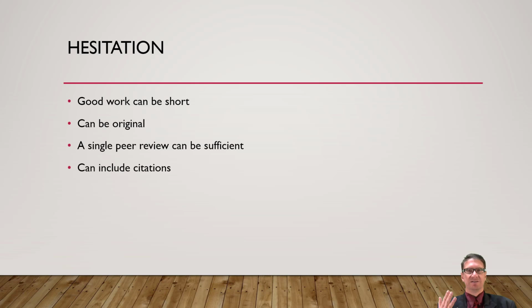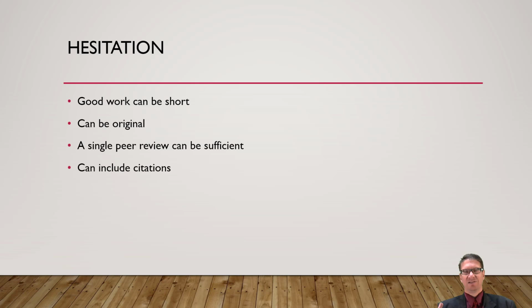Popular articles can be original, and often the editors of popular articles are highly respected in their field, even though peer reviewers won't necessarily be looking at the articles. A single peer review by the best editor in the world with a background in engineering could be sufficient.